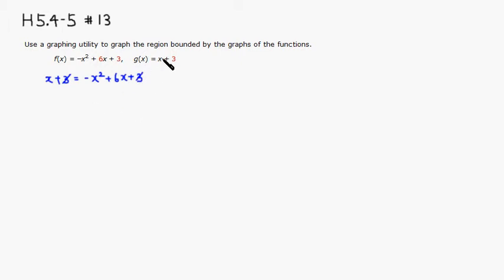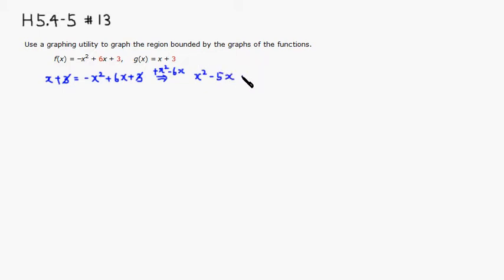Then we can put everything on the left by adding x squared and subtracting 6x. That way you're going to have x squared, and there's x already here. Minus 6x would be minus 5x.